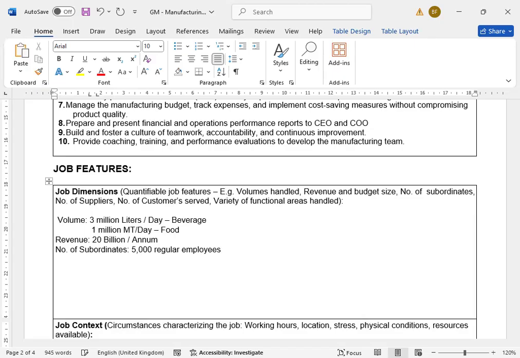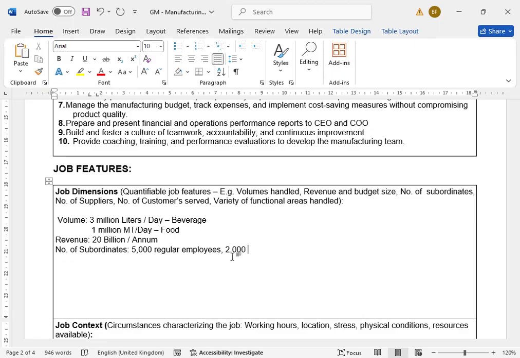The size will increase. And another, let's say, for example, 2,000. These are different kinds of employees. There are regular employees and there are contractors.